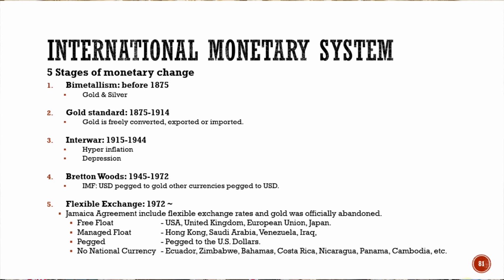The treaty was named after the location, the little town of Bretton Woods on the east coast of the United States. The idea was that the US dollar was pegged to gold as a reserve value, a reserve currency or commodity, and all other currencies were pegged to the US dollar.